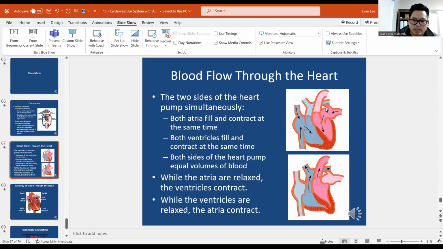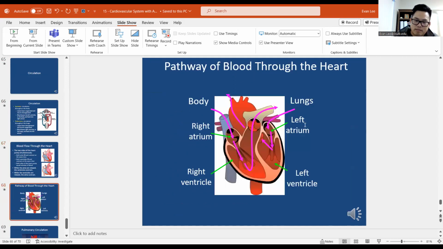Remember, the atria fill up with blood and pump that blood down into the ventricles. That's basically the gist of it, but it's also divided between left and right sides, and there are valves here as well. If you want to read this, go ahead, but I'm just going to show you the specific blood flow through the heart. Although it does happen simultaneously, it's good to follow a unidirectional, singular flow for any blood.